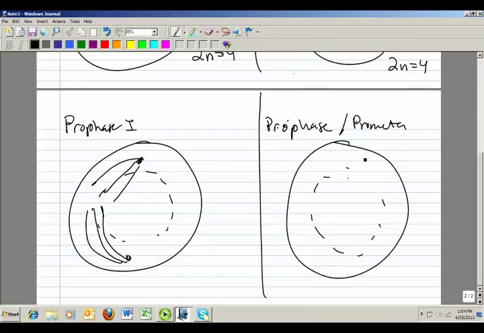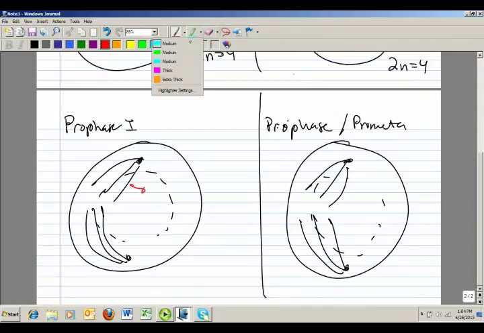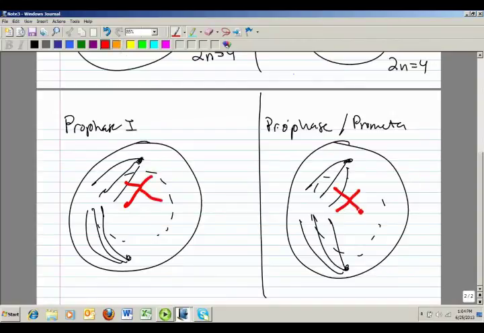They're moving to the spindle poles, forming a spindle. We have chromosomes condensing, so we can see them better. They are replicated.